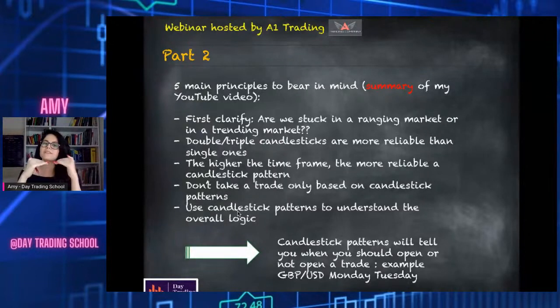And the fundament is still candlestick patterns, and they work very well. They work brilliantly. Candlestick patterns are very helpful. They tell you when to enter, or when not to take a trade. That's also very important. And it's also something that I'm going to show you in a second.